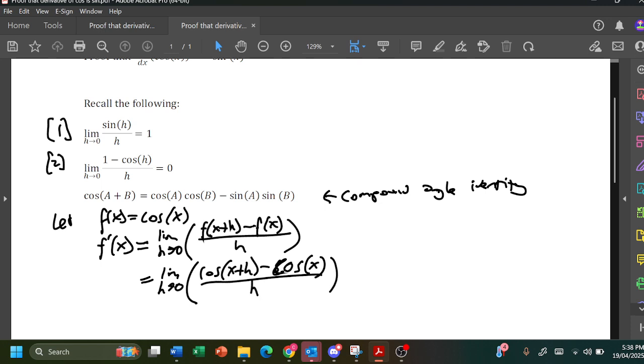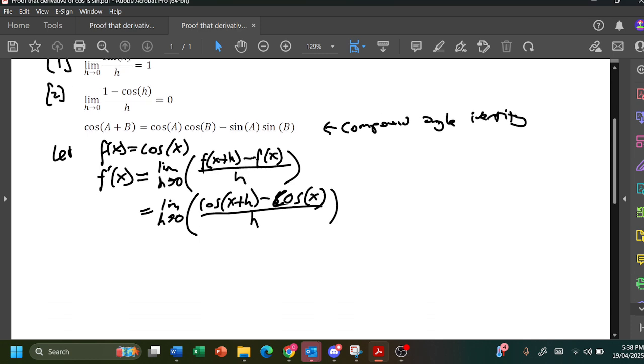Okay, now this is where we use that compound angle identity that I've listed up there. We go ahead and substitute that in for cosine of x plus h. So that's going to give us cosine of x times cosine of h minus sine of x times sine of h.